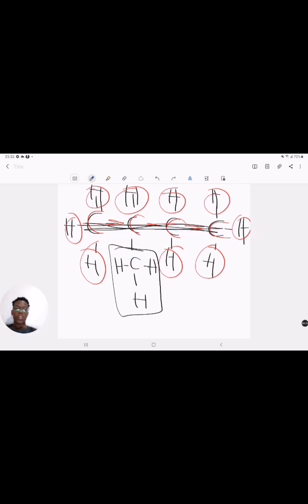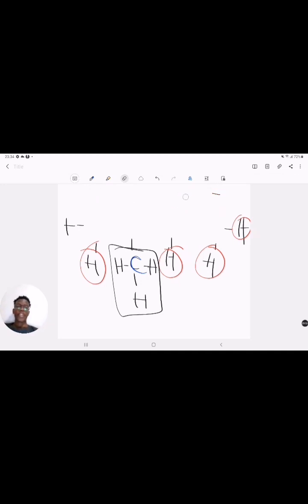Let me just draw that properly. Because this is connected to that, and that's connected to that, it's still a chain. In this case, our branch would be that, because that would be connected to this chain. Hopefully that makes sense.